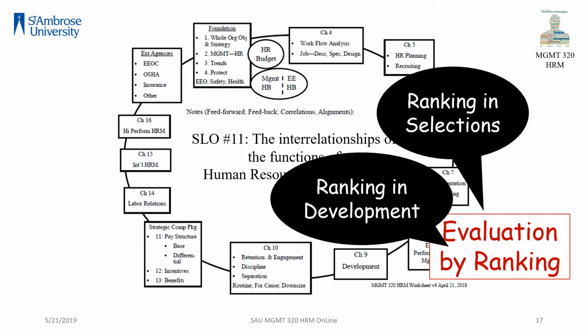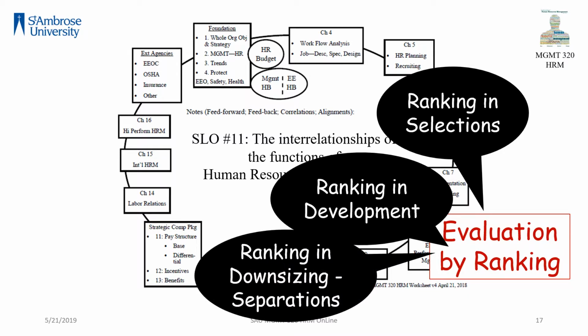We would be using ranking in development. Who would be the real top people that we feel should be doing other bigger work or other work inside the organization beyond their job description? So we're looking at who are the top performers. We would use ranking during downsizing or separations.